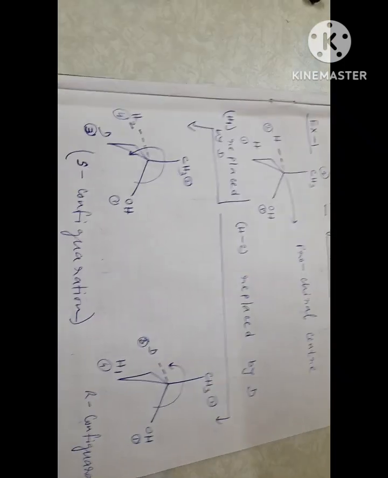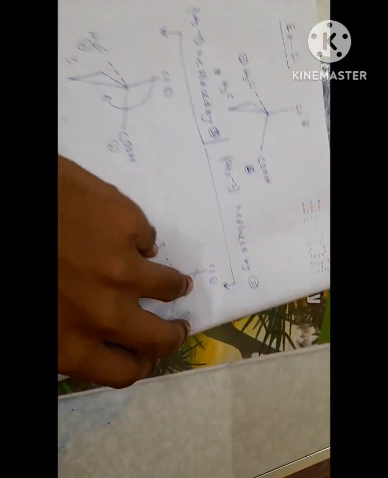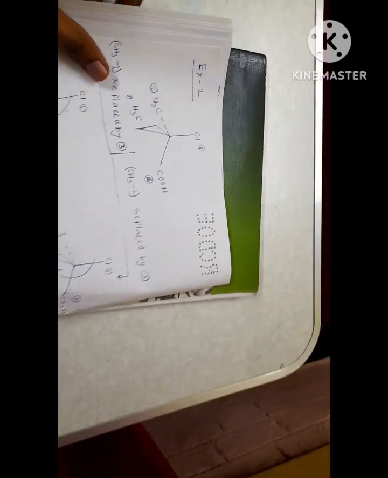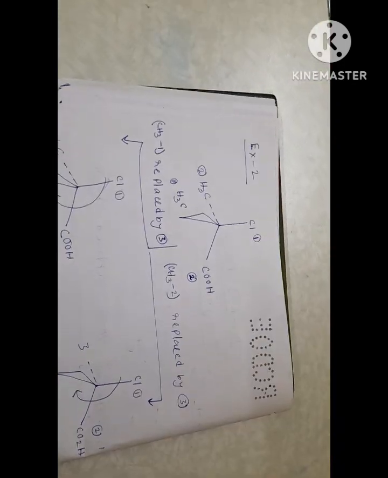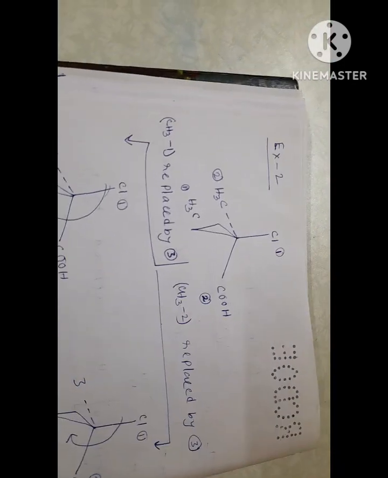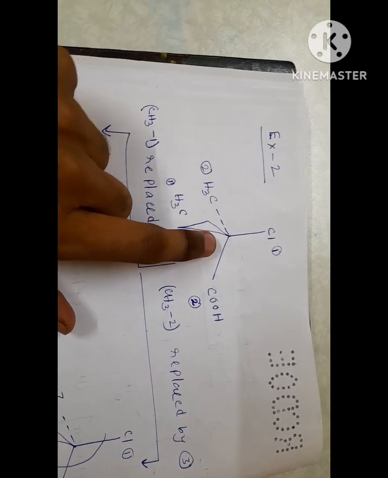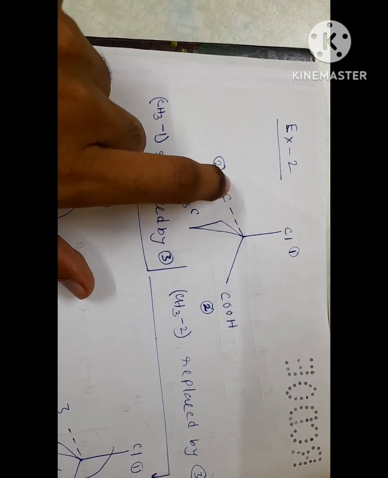So here is another example. Another second example, I hope you see it, I have represented. Also it is not chiral, you can see, because these two methyl groups are the same in nature.